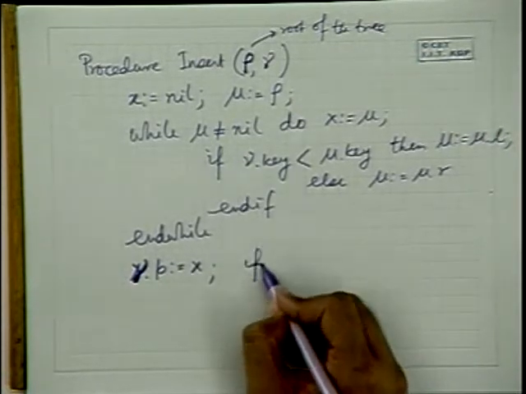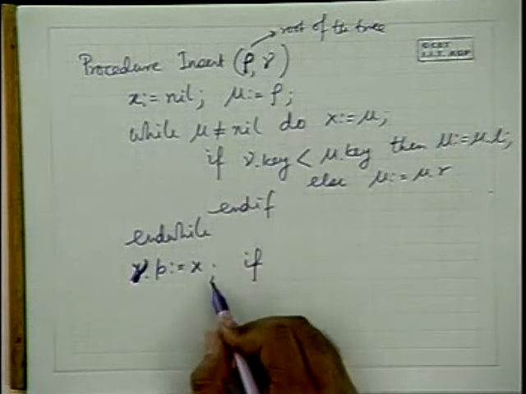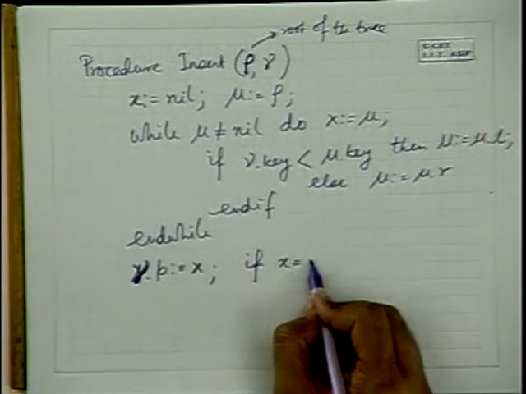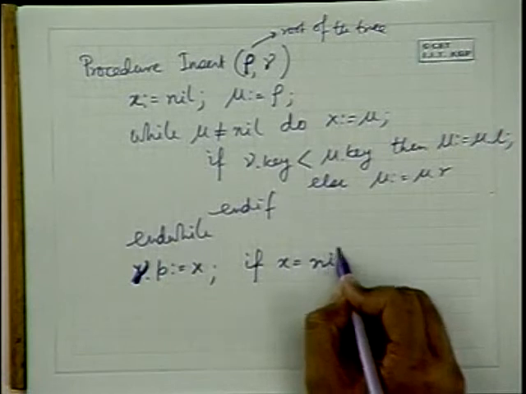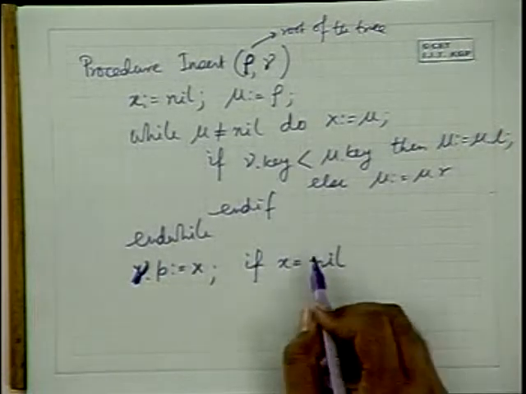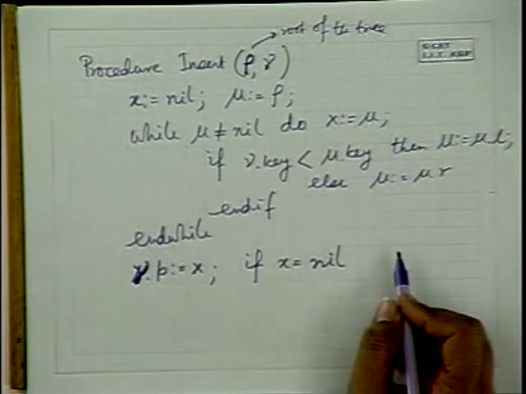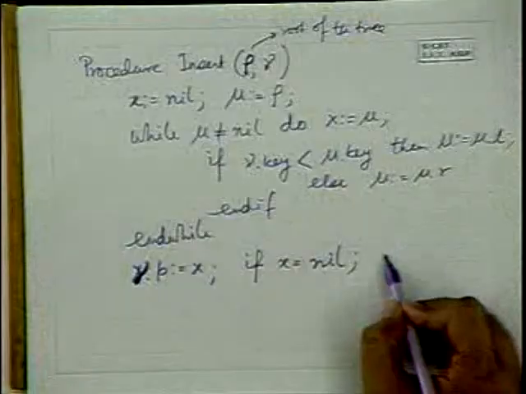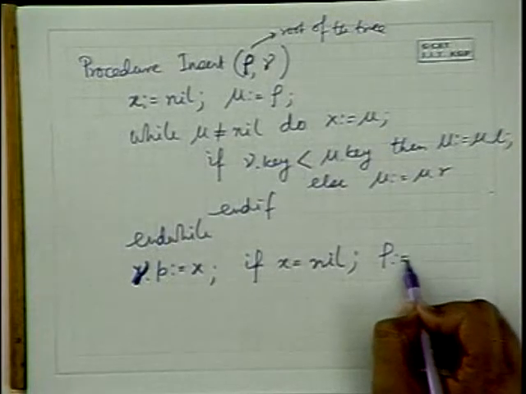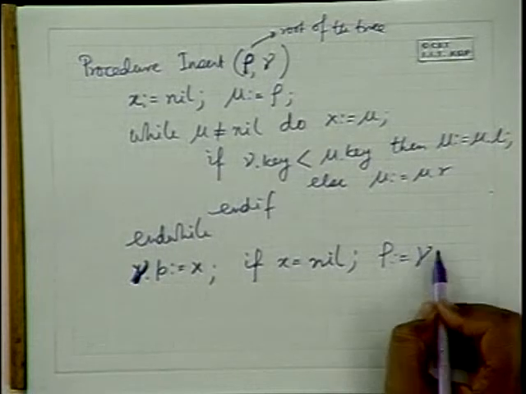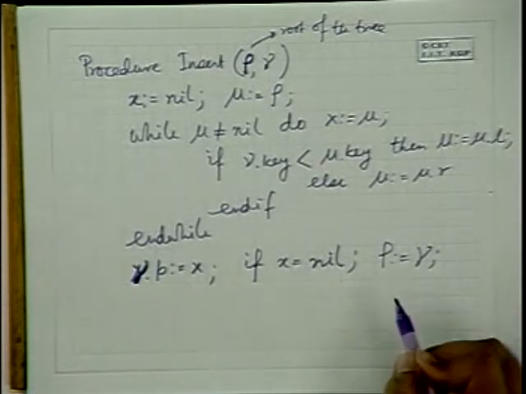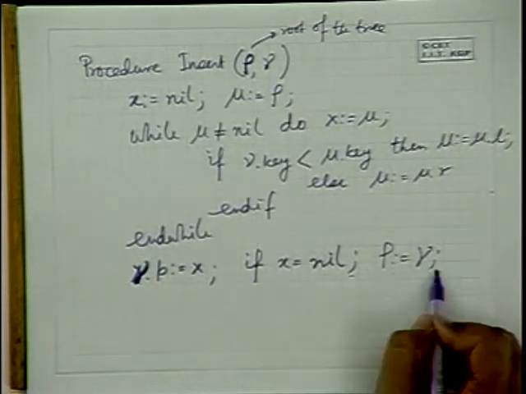Now I have to put new as the right child or left child of x, which I have to test. If x is equal to nil, it can happen that the tree itself was null. Then x will be nil. In that case, your root will be set to this new node. This is the first time you are inserting something into the tree. That case is taken care of here.